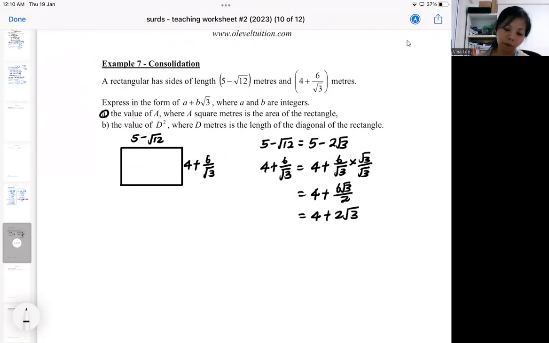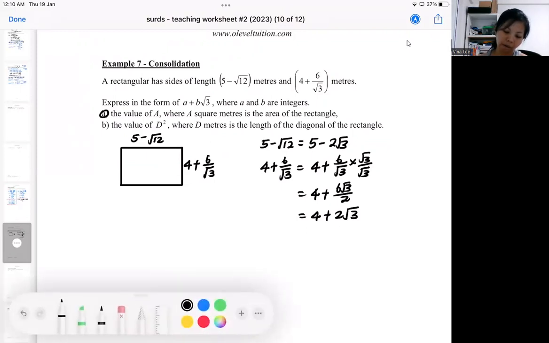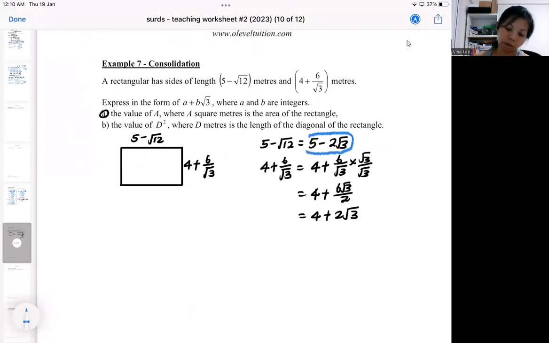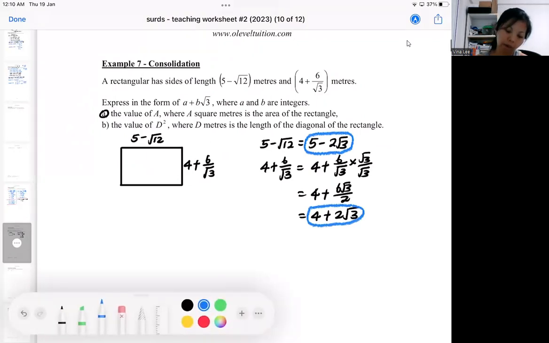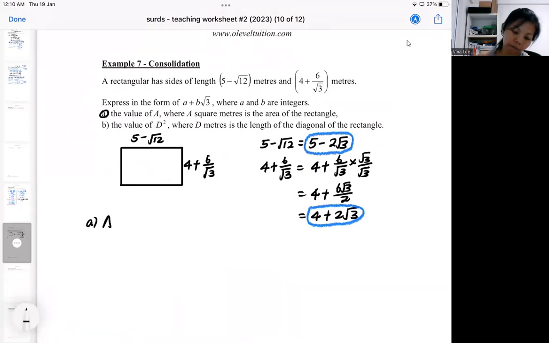So I will simplify the length. This will be the length that I'm going to be working with, and this will be the breadth. Once I simplify that, if I would like to get the area, then that will just be this times this.